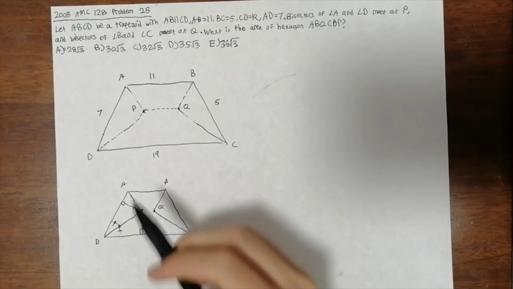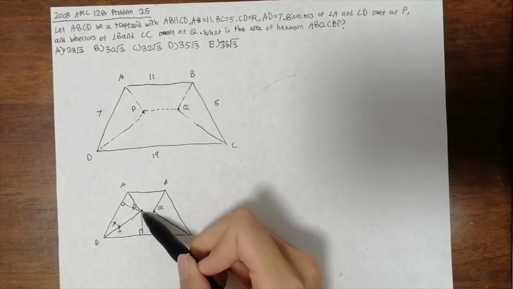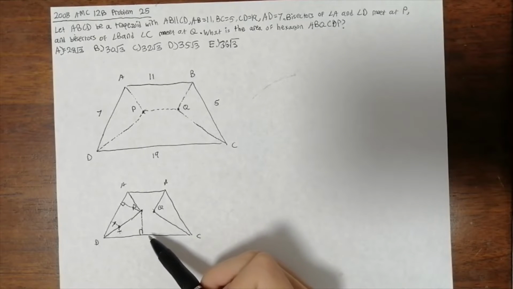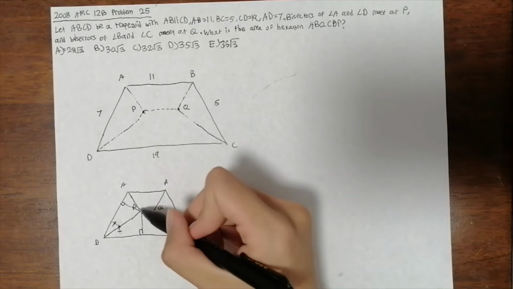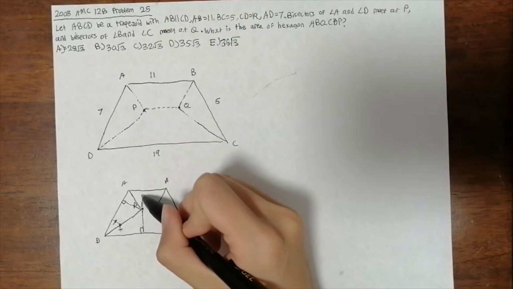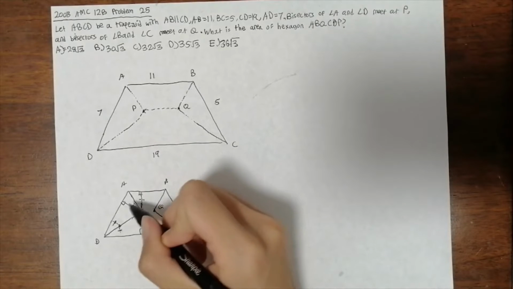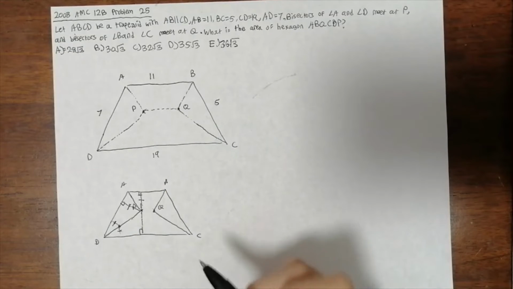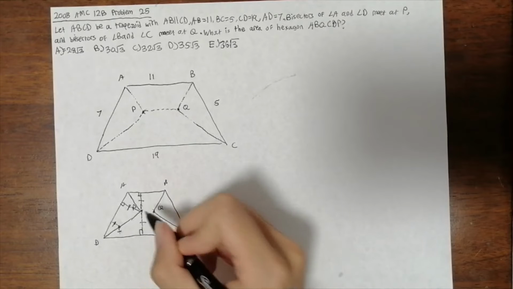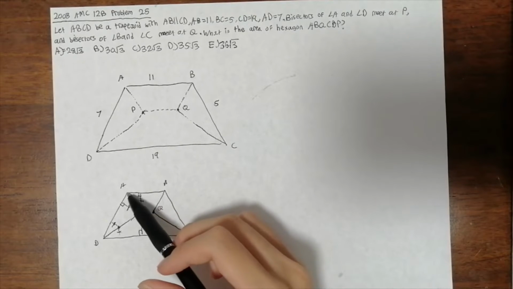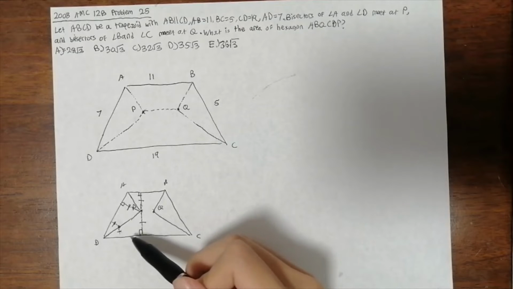But we also know that P lies on the angle bisector of angle A, which means we can also say that this point is equidistant from side AB. So what does this mean? This means that this point P is equidistant from both sides AB and CD.